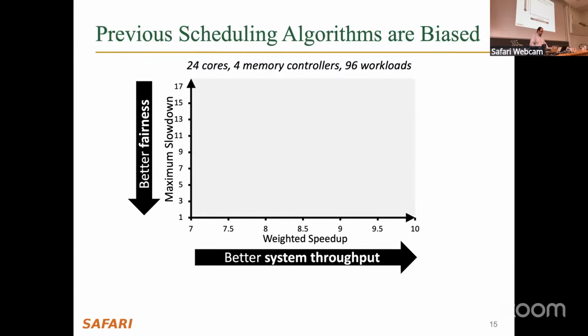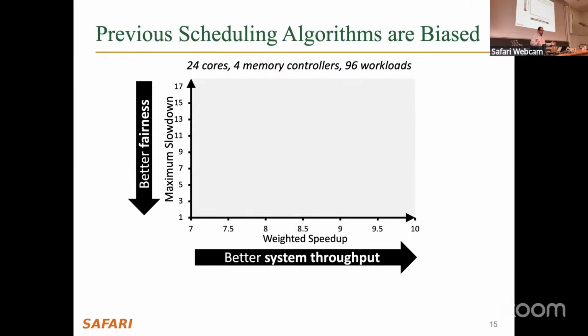And on the x-axis, we are reporting weighted speedup. Weighted speedup is a metric used when we have multiple applications. Here you're running different threads, where each thread belongs to a different application. So it's not a multi-threaded application; it's still a single-threaded application, but you have several of them.